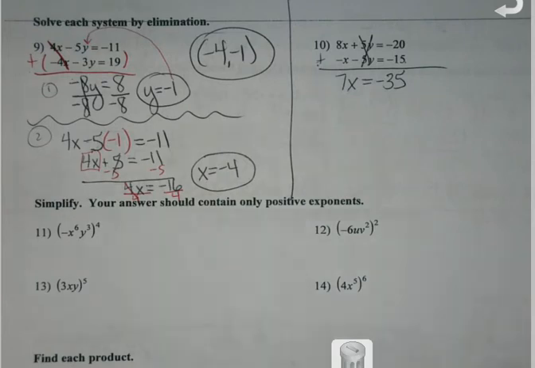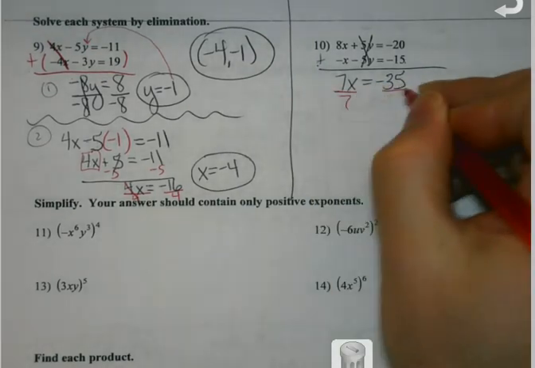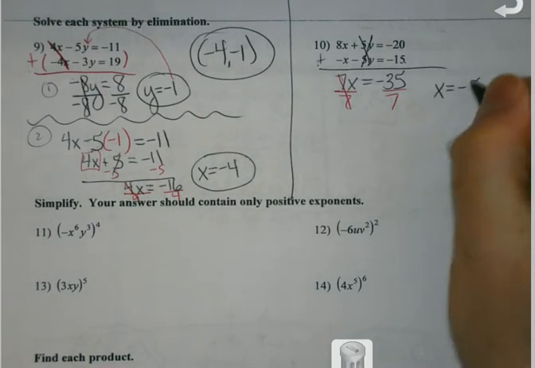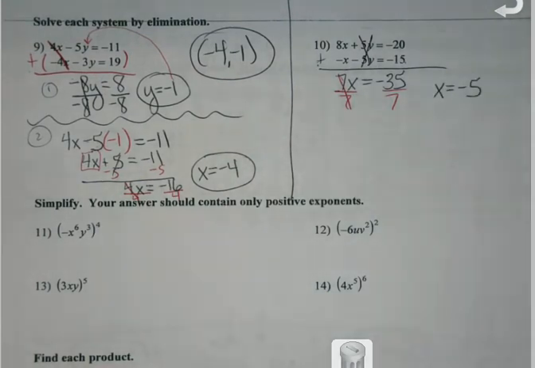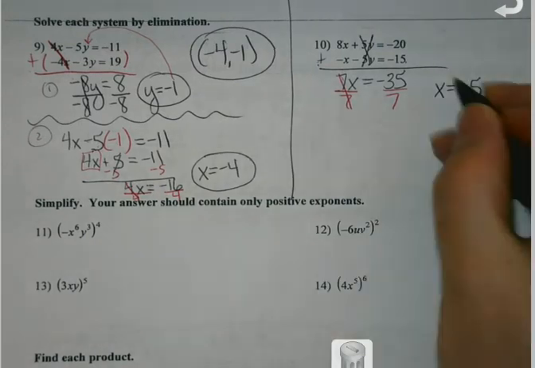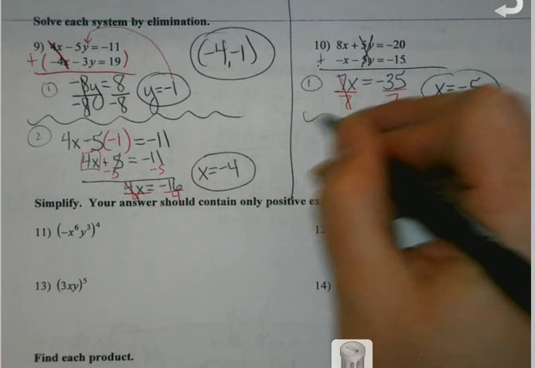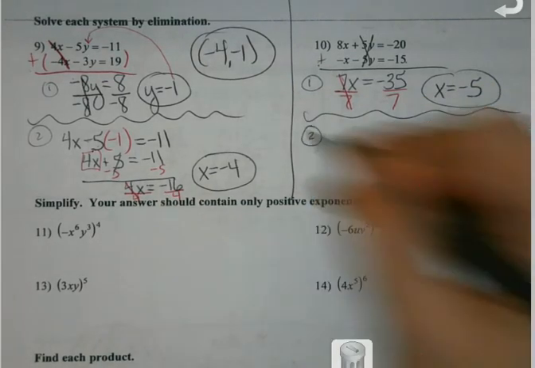So then what we'll just do after that is we're going to end up putting that equal to 5. So this time I found my x value first, and that can happen sometimes.